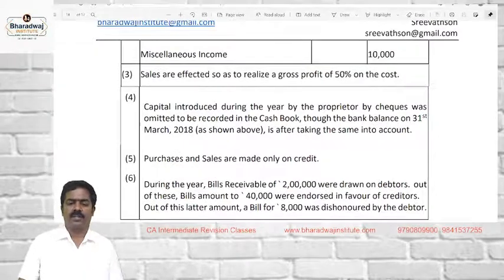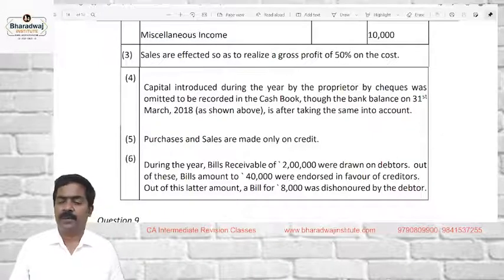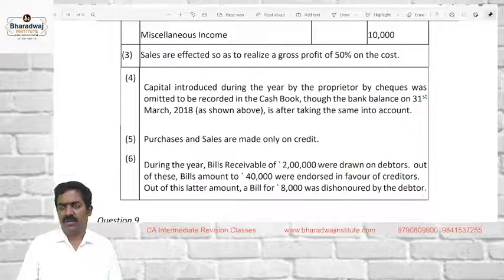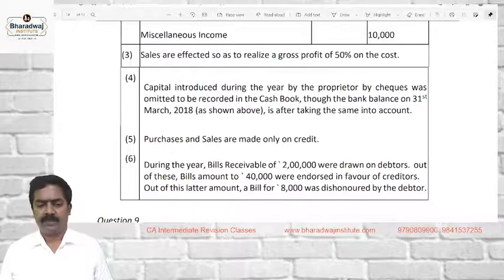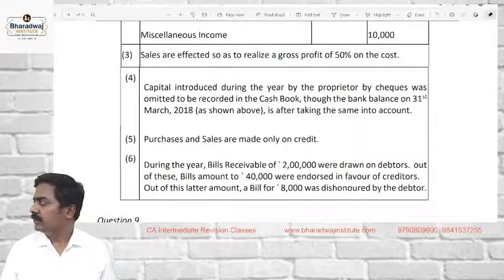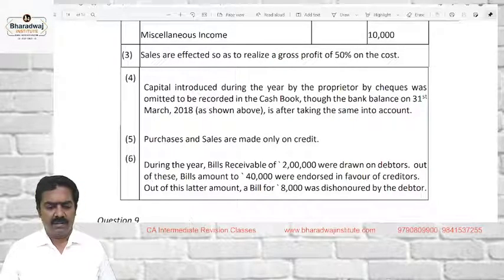Sales is gross profit into how much percentage? 50%. That is, the profit margin is 50% on cost, which is 1/2 on cost and 1/3 on sales. Read the problem once again, then we will start solving.